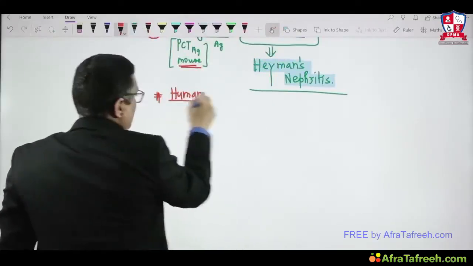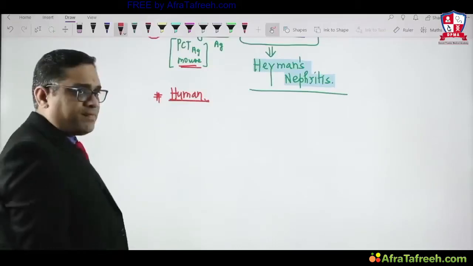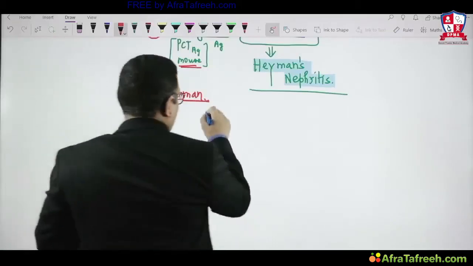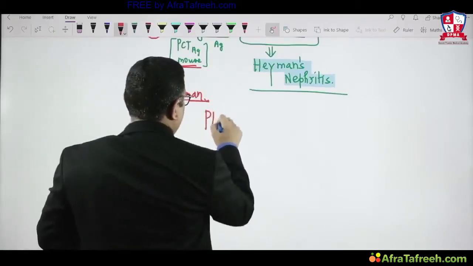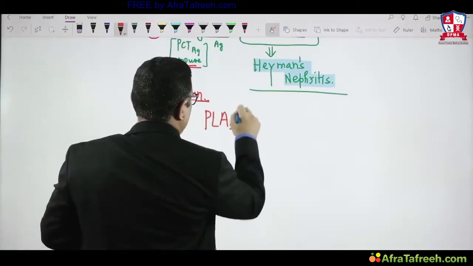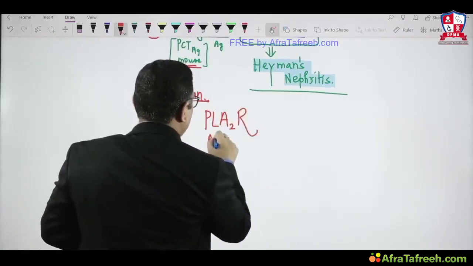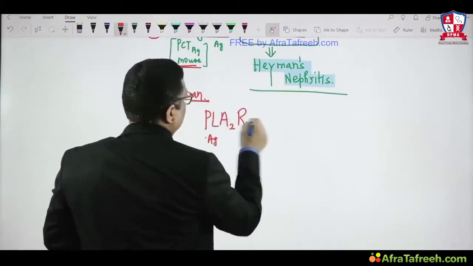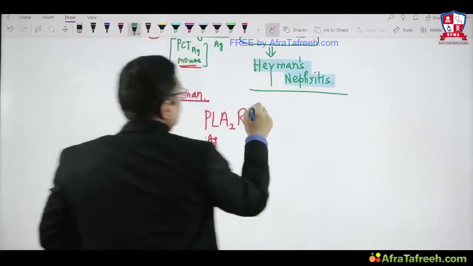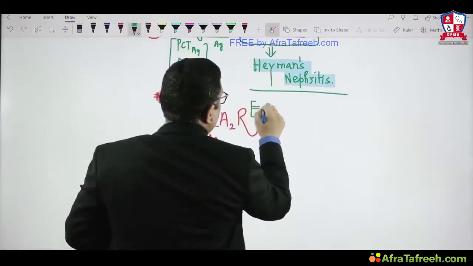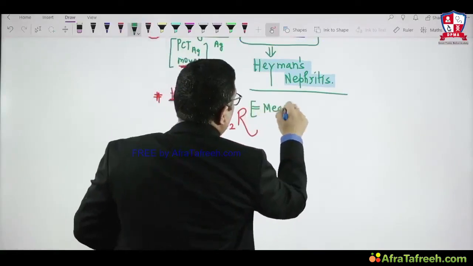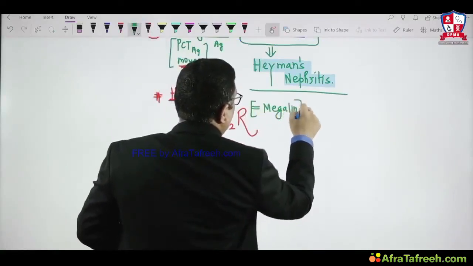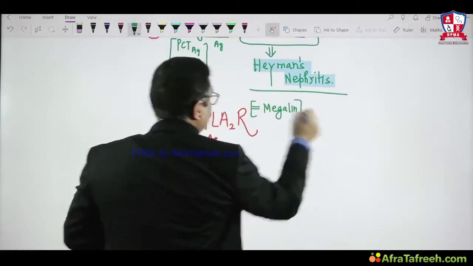In human beings, you will find the phospholipase A2 receptor. So remember, this antigen is corresponding to the megalin antigen present in mouse.